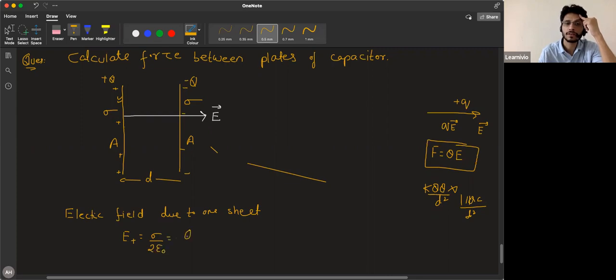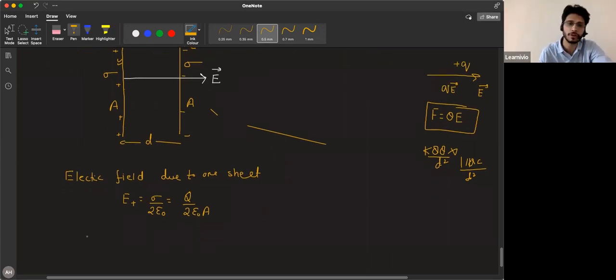Or you can write sigma as Q by A, so Q by 2 epsilon naught A. Sigma by epsilon naught was the field due to both the sheets together. But for a single sheet, it is sigma by 2 epsilon naught, Q by 2 epsilon naught A.